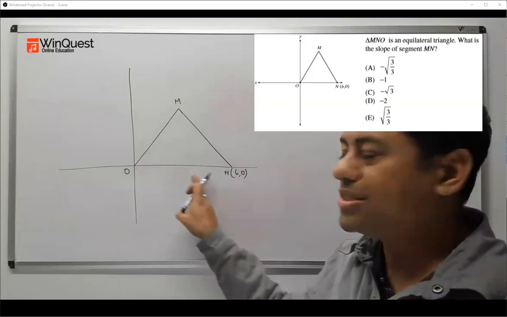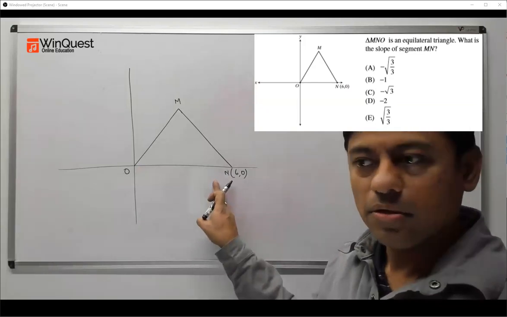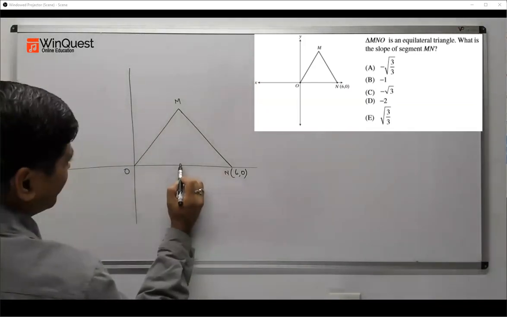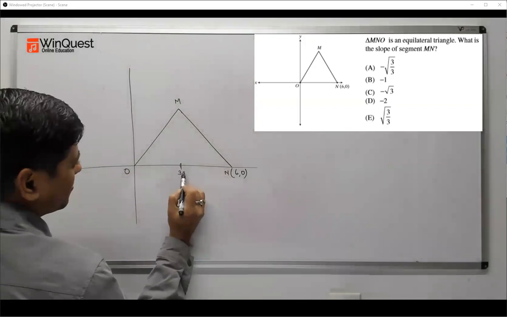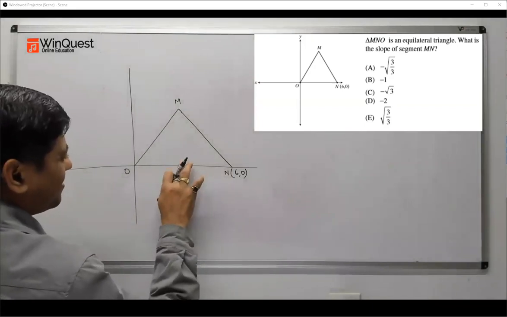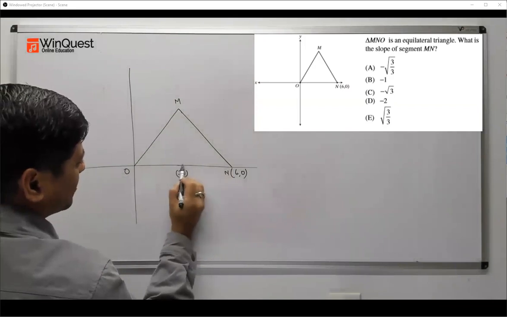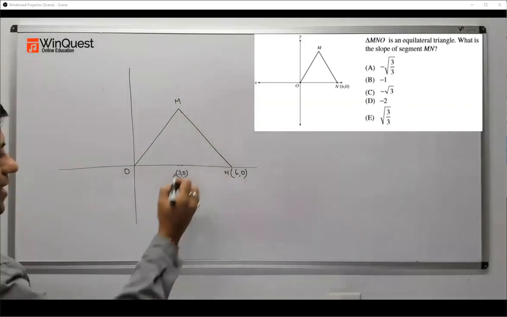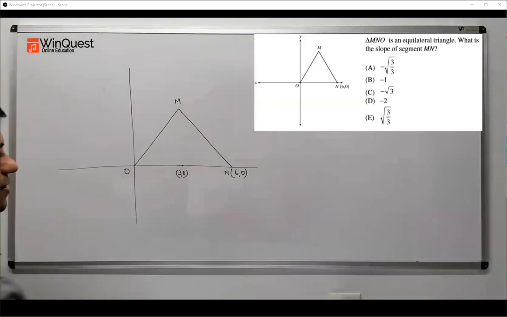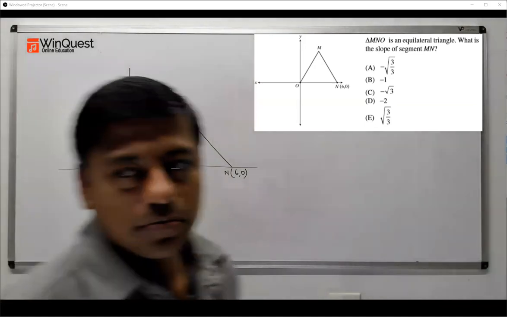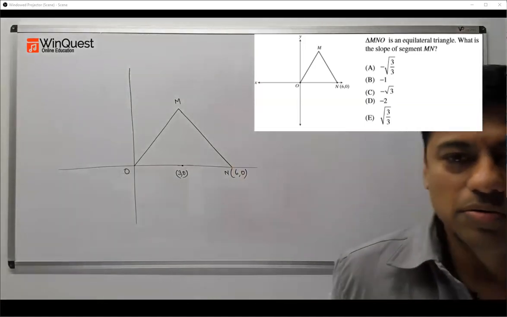That means it is 6 units in length, right? So this midpoint here is 3, 0. Nothing more than that. There is no logic here. There is simply one thing: 3, 0. Done. Midpoint is done. What else?